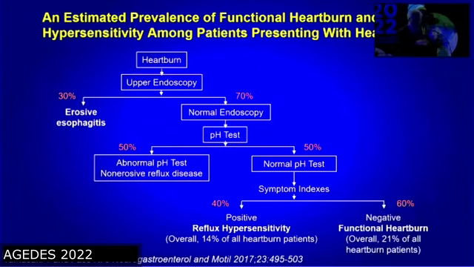So at the end, reflux hypersensitivity patients account for 14% of all those that show up in our office with just heartburn, and functional heartburn 21%. Together, they account for 35% of patients that walk into our clinic with heartburn. About a third of the patients have functional disorders up front. And we might treat them like gastroesophageal reflux disease.